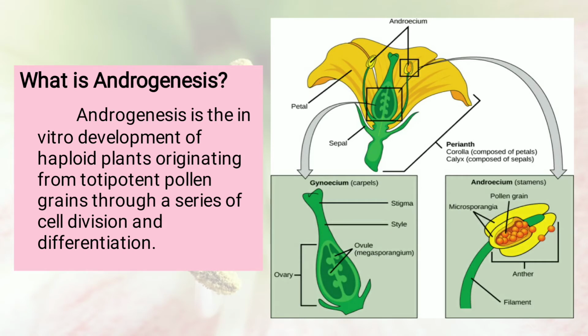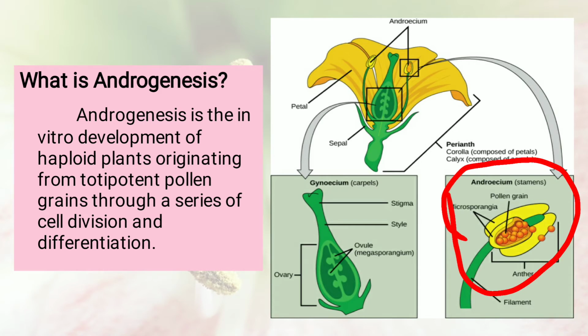What is androgenesis? Androgenesis is the in vitro development of haploid plants originating from totipotent pollen grains through a series of cell divisions and differentiation. Here is the stamen, the male reproductive part.